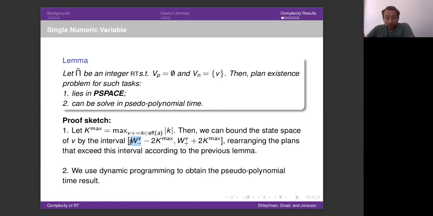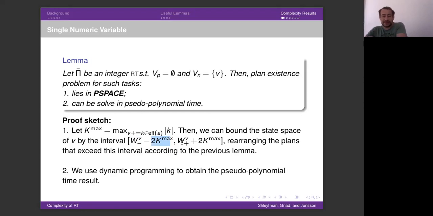We take 2k, we rearrange this part of the plan, so it won't go towards minus infinity, but will lie between WV minus, which is the minimal number that appears in the representation of the task, and 2K, which is basically the maximum of the absolute values of the effects. We rearrange this so the plan will still be within those bounds.